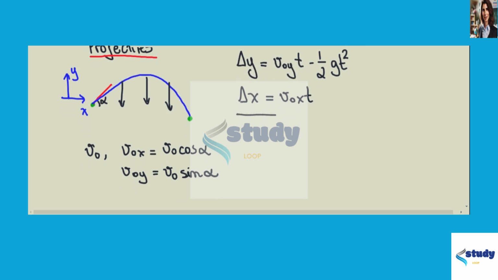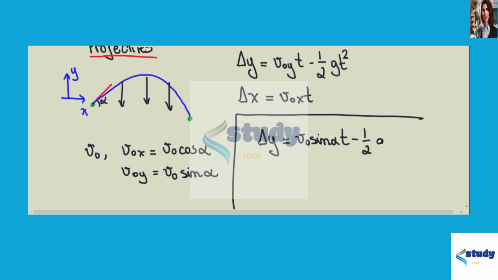So in the end, we can write these equations as delta y is equal to v0 sine alpha t minus 1/2 of g t squared, and delta x is v0 cosine alpha t.